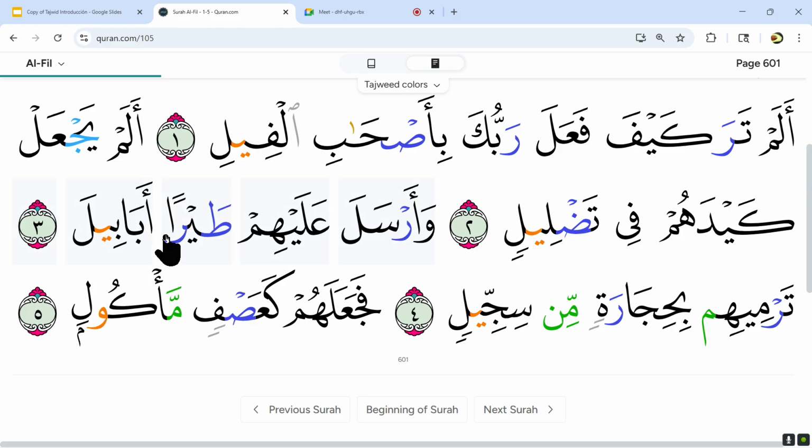The one with the hamza is the Ithar. Yep, so you pronounce it clearly. You do it once, like nothing. You don't have to think about it because it's just natural. وَأَرْسَلَ عَلَيْهِمْ طَيْرًا أَبَابِيل. So you just say the noon and you keep going.